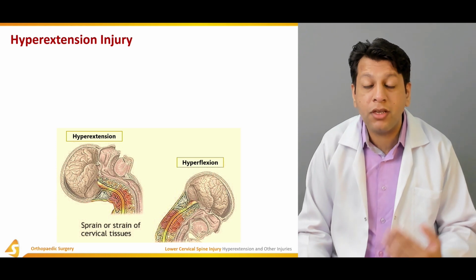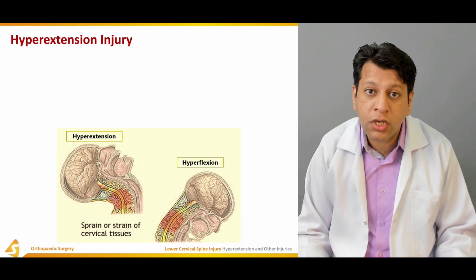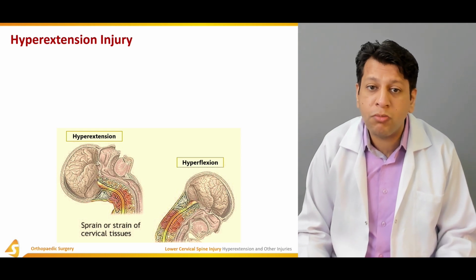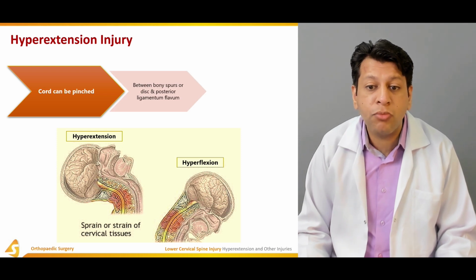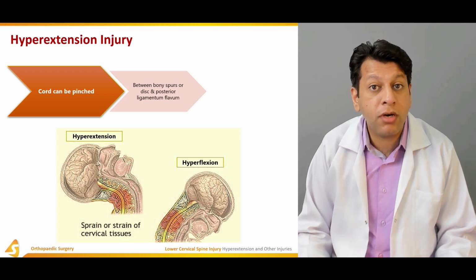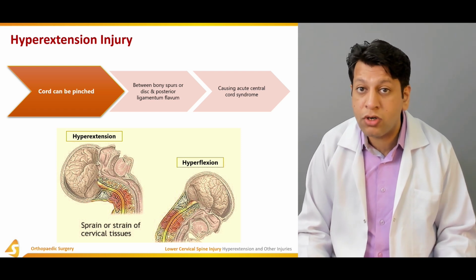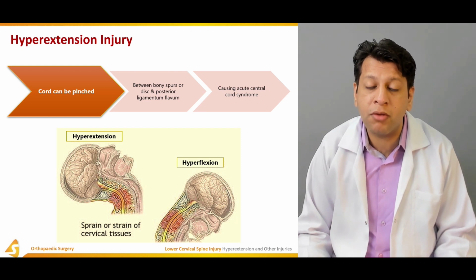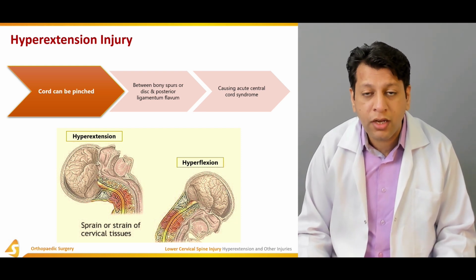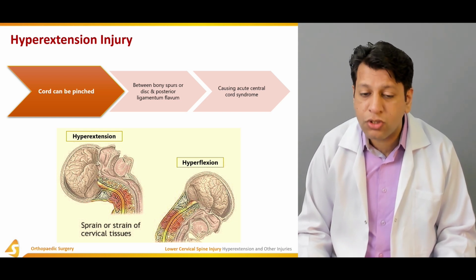And this double injury can lead to whiplash injury as well, in which there is only an associated sprain, or this could be associated with vertebral compression fractures and the cord can be pinched between the bony spurs and disc and the posterior ligamentum flavum. This can cause acute central cord syndrome as well. And when this happens, the patient may present with central cord syndrome symptoms leading to neurological compromise.